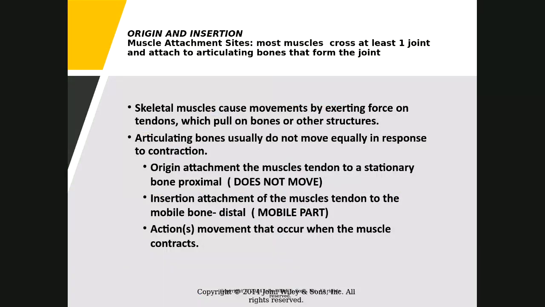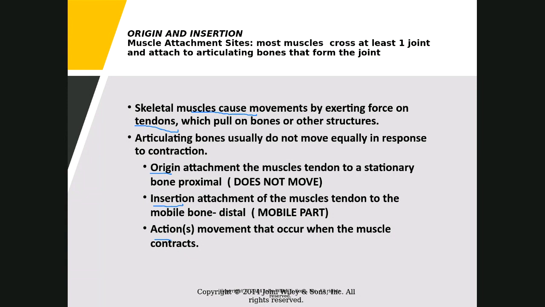So let's look at other terms. As we start memorizing the names of muscles, we have to know certain terms. An important one is origin and insertion. And we also have to know the actions of all our muscles. Skeletal muscles cause movements by connecting to the bones, the skeletal system, via tendons. So the way they connect to the bones is the way we describe them.